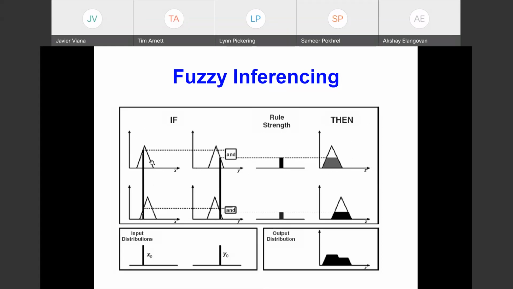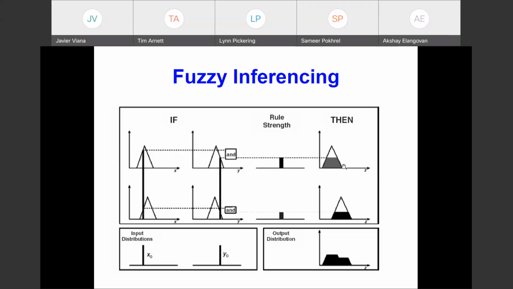So if X is this and Y is this, then fire this output membership function with this strength. And this strength is determined by that AND operation that we saw. So it's taking the minimum, which by the way is called the minimum T-norm of X and Y. And that's where we get this final shape for that rule that it's firing.